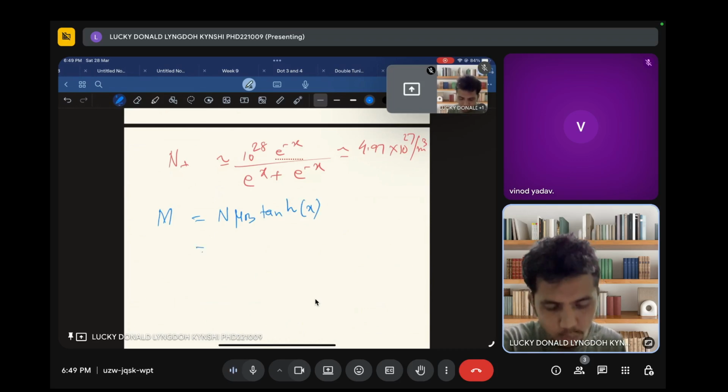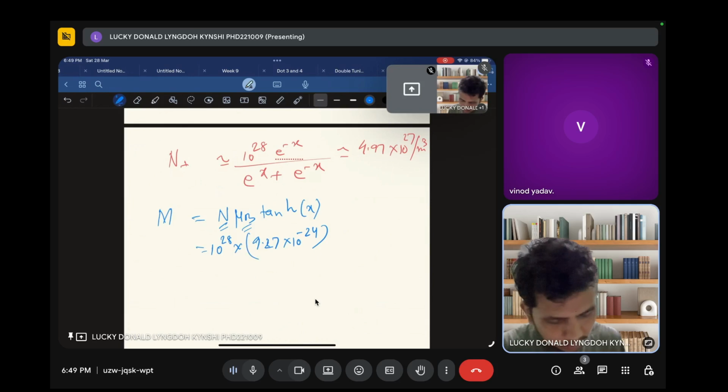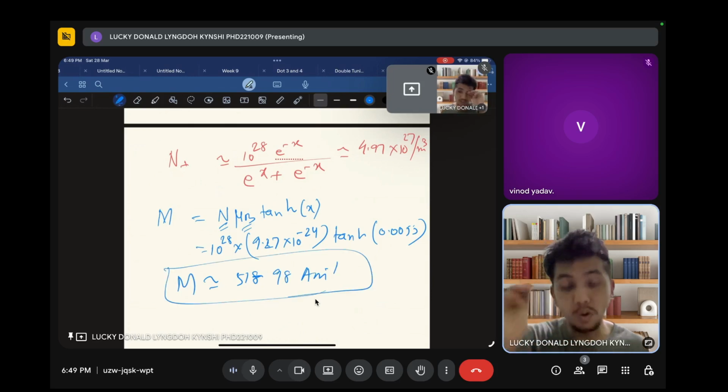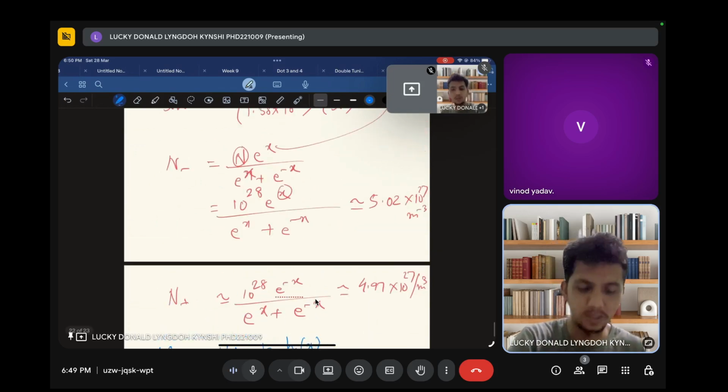So again, you know the value of n, you know the value of μB, so let me just write it, 10 to the power 28 into 9.27 into 10 to the power minus 24, and tanh of 0.0055 something, and this is approximately equal to 518.98 meter inverse. Okay, so this is pretty straightforward once you know n positive and n negative, and you just use the formula which is already there.